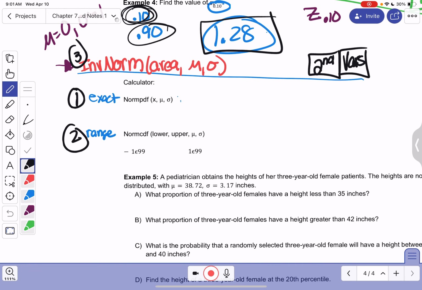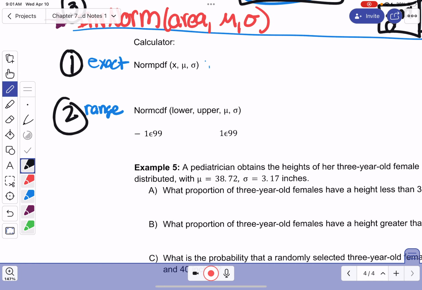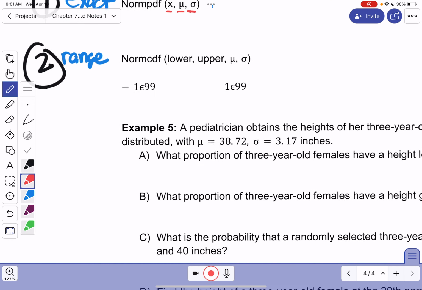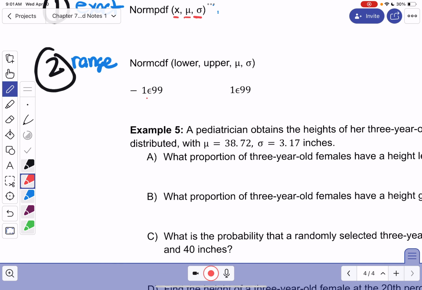All right, so now let's look at this. Norm PDF means we're going to put the x value, the mean, and the standard deviation, and that'll give us the percent at that exact point. CDF is a range. So if I say less than or equal to, our lower limit is negative 1E99.